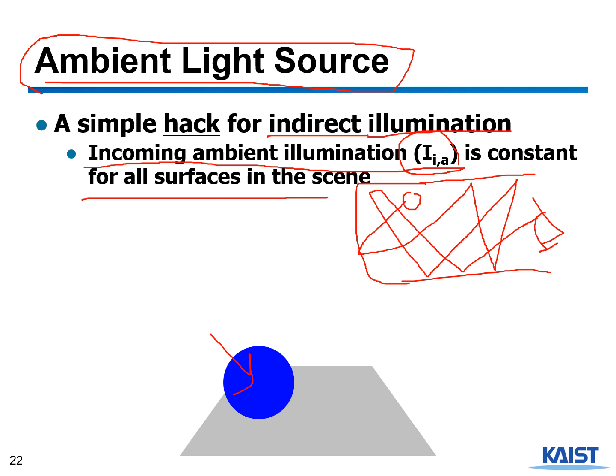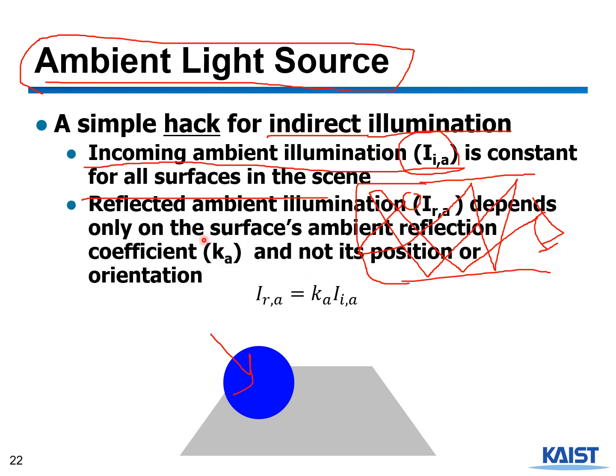That's why early on they just drastically approximated this as an ambient light source, which is nothing but a constant factor. Obviously, it's a very drastic simplification, but back then we didn't have solutions, so we just used this. So the reflected ambient illumination, we call it the ambient light source, just a constant light source.